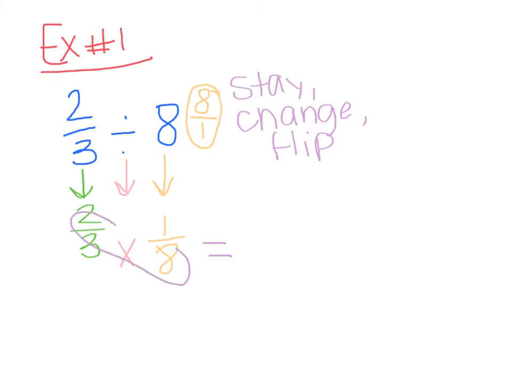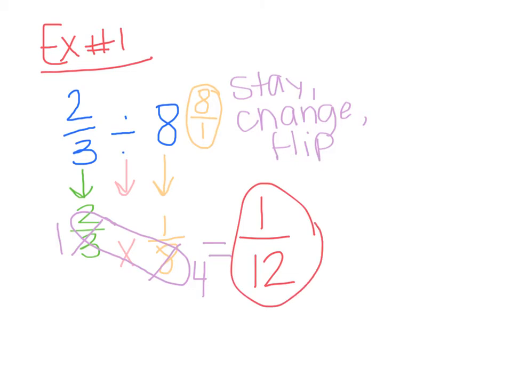So I have 2 and 8, which can both be divided by 2. 2 divided by 2 is 1, and 8 divided by 2 is 4. So I have 1 times 1 for my numerator is 1, and 3 times 4 is 12 for my denominator. So 1/12 is my answer.